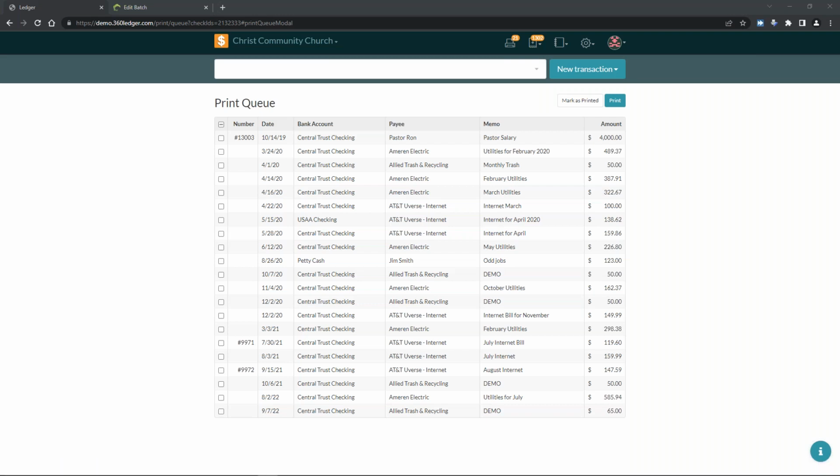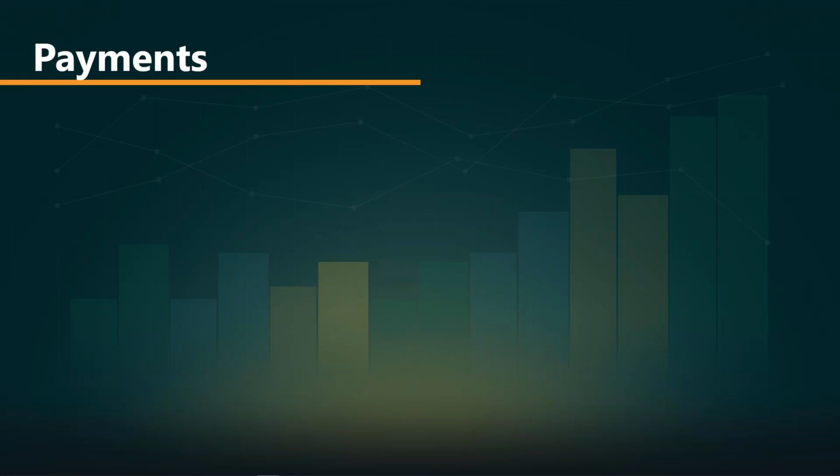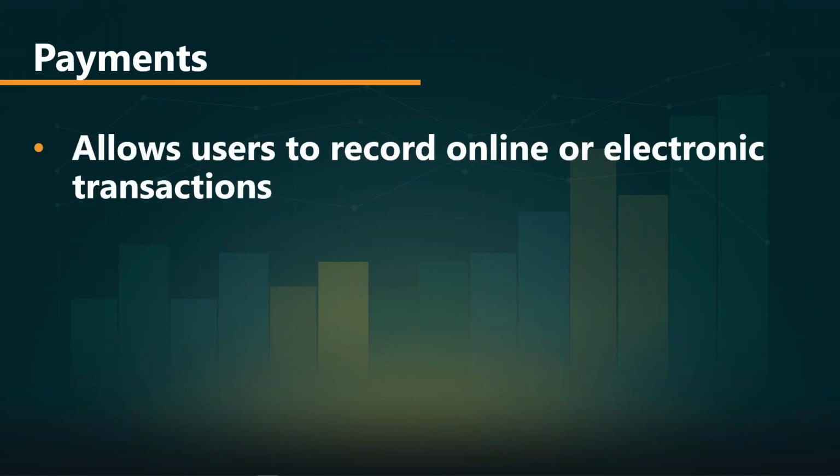For our next transaction, we have payments. So just anything where you pay something, but you don't actually write the check or print a check. Any sort of online or electronic transactions, you can put in as payments as opposed to checks so that it doesn't mess up your check numbers and you don't have to remove them from the print queue.